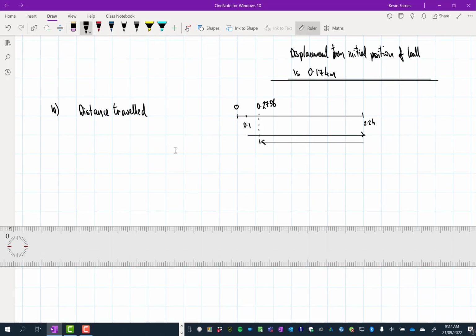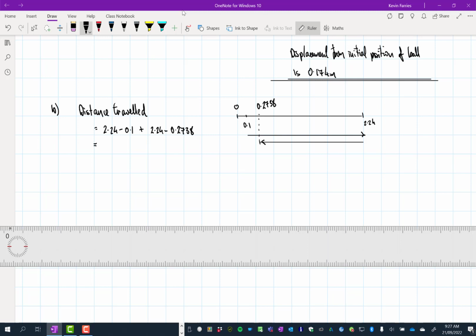And so the total distance travelled is going to be equal to 2.24 minus 0.1 plus 2.24 minus 0.2738, which is equal to, now there's an interesting thing, I'm probably making a bit of a meal of this, 2.24 minus 0.1 plus 2.24 minus 0.2738.